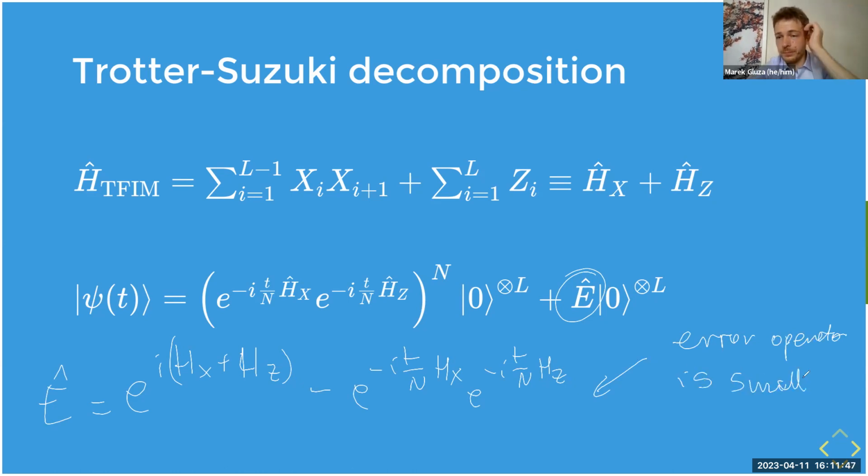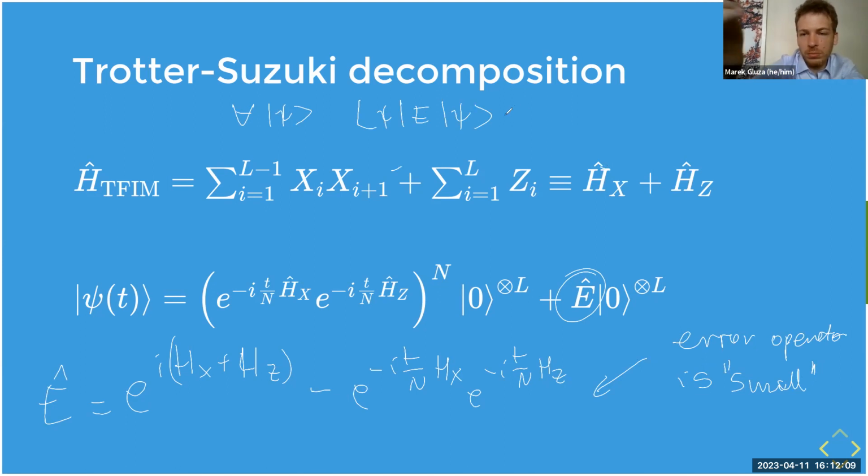And we were talking about this already. So in our case, what is a small operator? It means that for all psi, the expectation of psi, E, psi, for example, would be a small number.